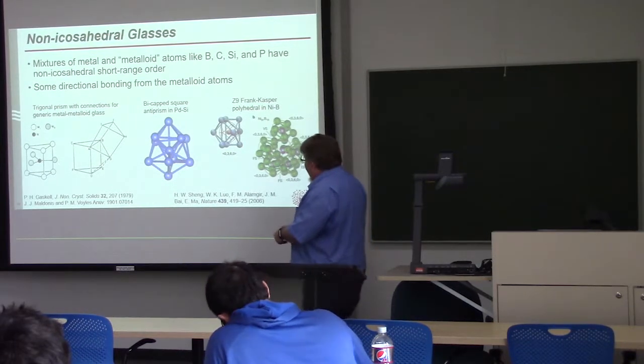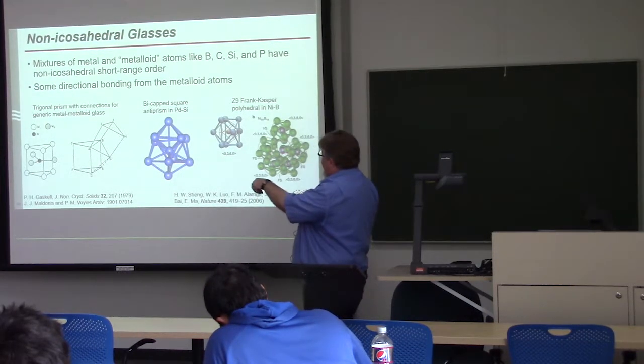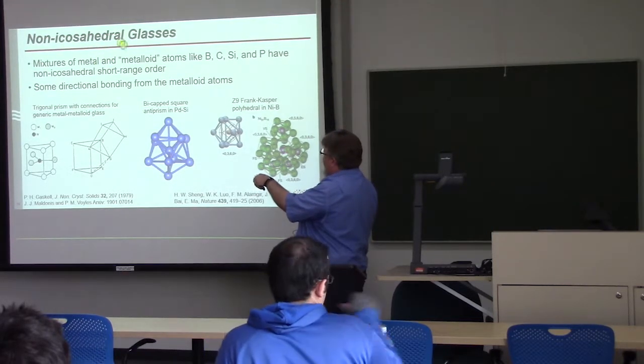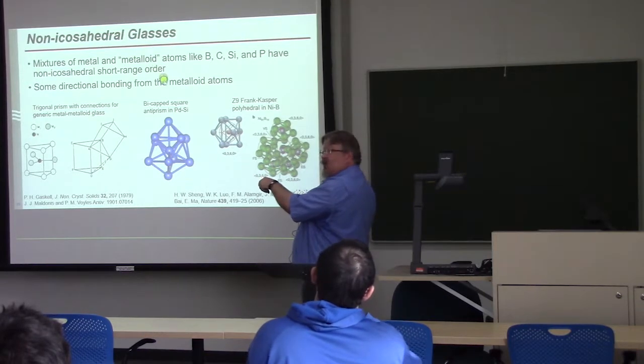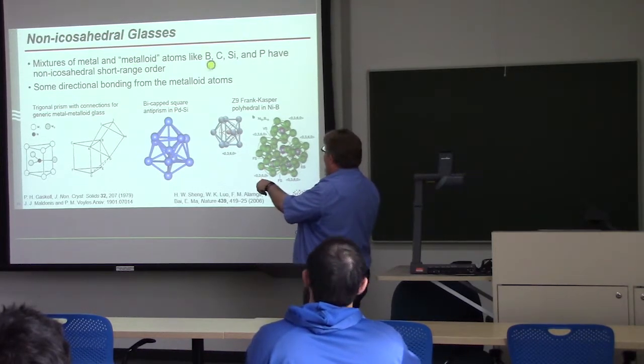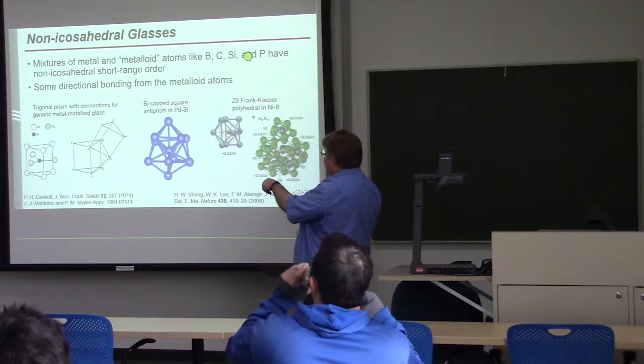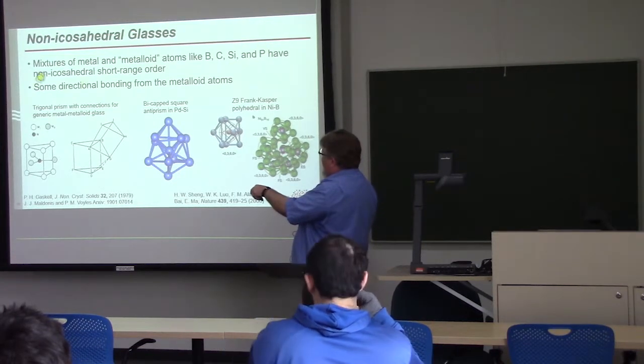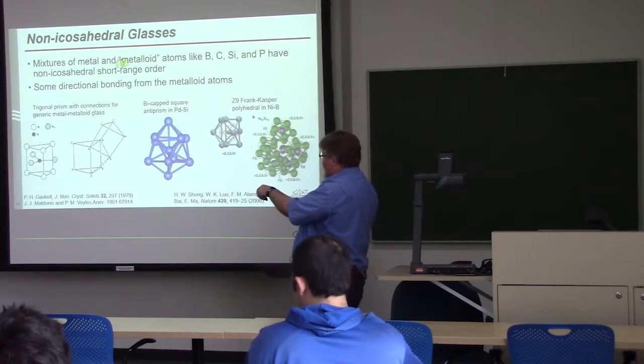Now, of course, not all glasses have this icosahedral short-range order. In particular, glasses that are a mixture of metals and what metallurgists call metalloid atoms, particularly boron, carbon, silicon, and phosphorus, have different short-range order motifs.